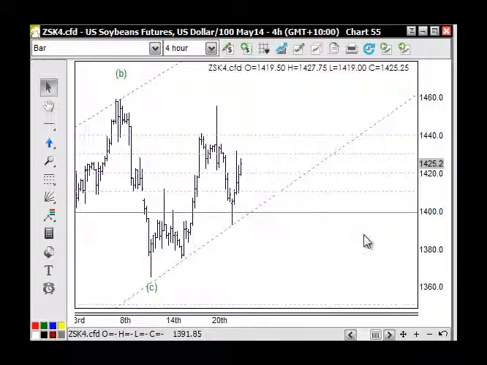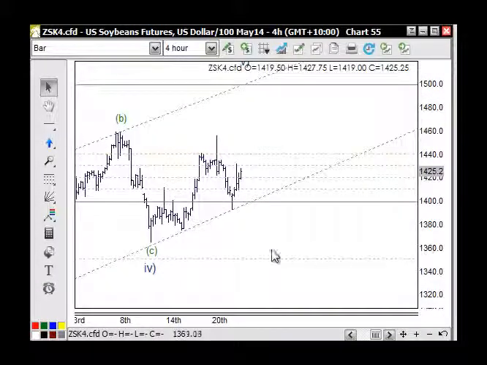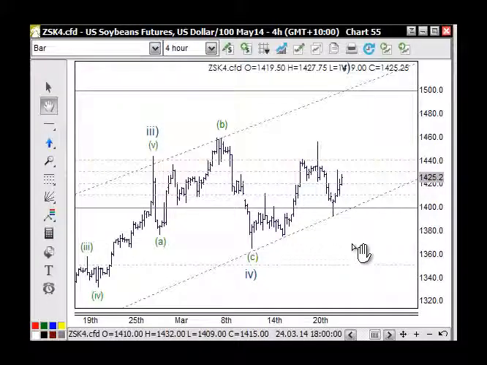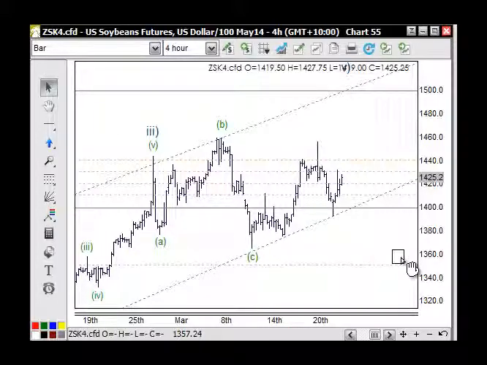Now the grains are all going very good here. So soybeans, it's tested the 1400 here. I still think this is a bit of a corrective wave up through here, and this wave 4 could certainly still be in play, and we may have to move it over here somewhere.